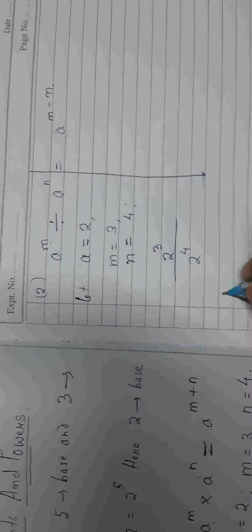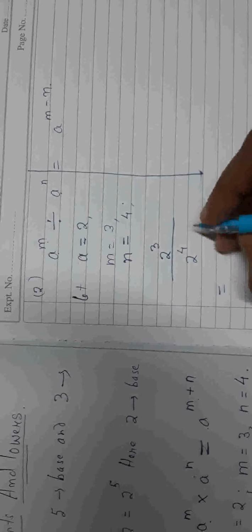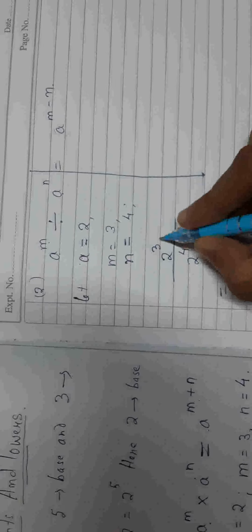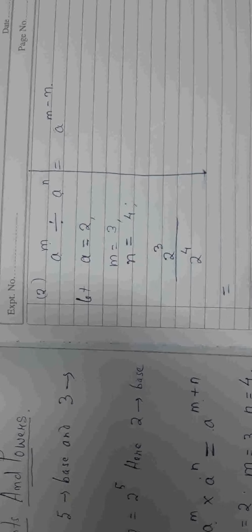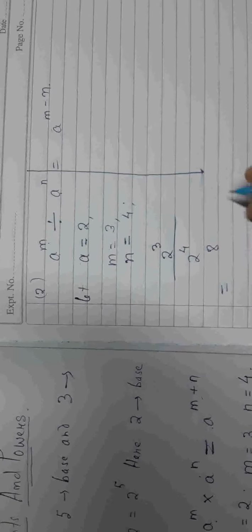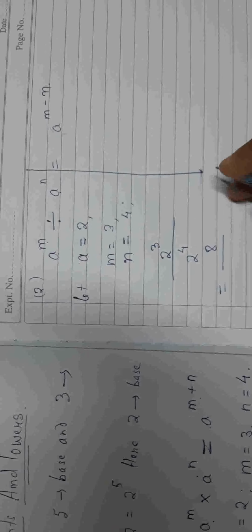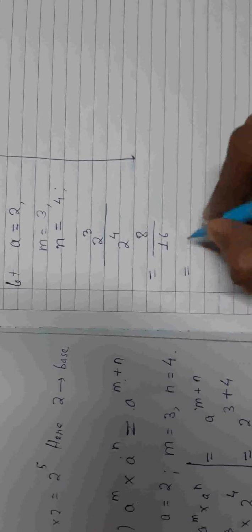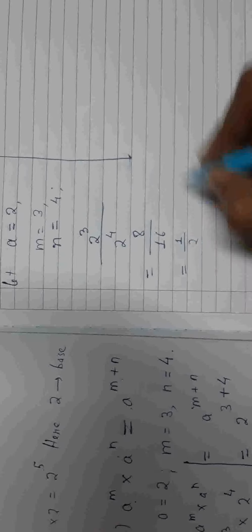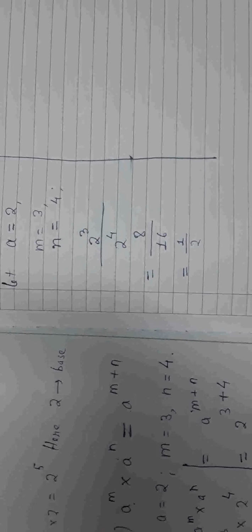So 2 cube value will be 8, 2 to the power 4 value will be 16. So I'll write 8 divided by 16, and that value is half for the left hand side part.